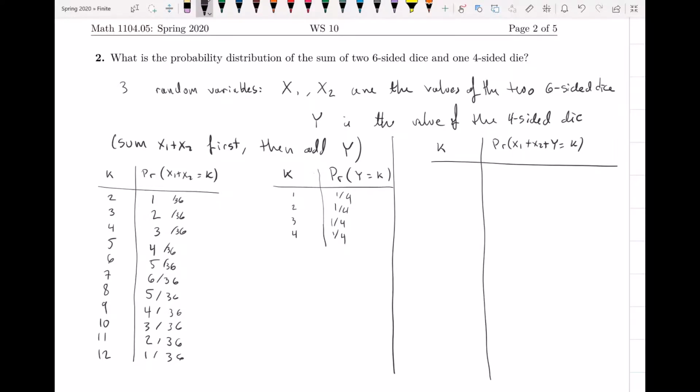What's the smallest value? The smallest value is 3, and the largest value is 16. So we have all the values 3 through 16: 3, 4, 5, 6, 7, 8, 9, 10, 11, 12, 13, 14, 15, 16.